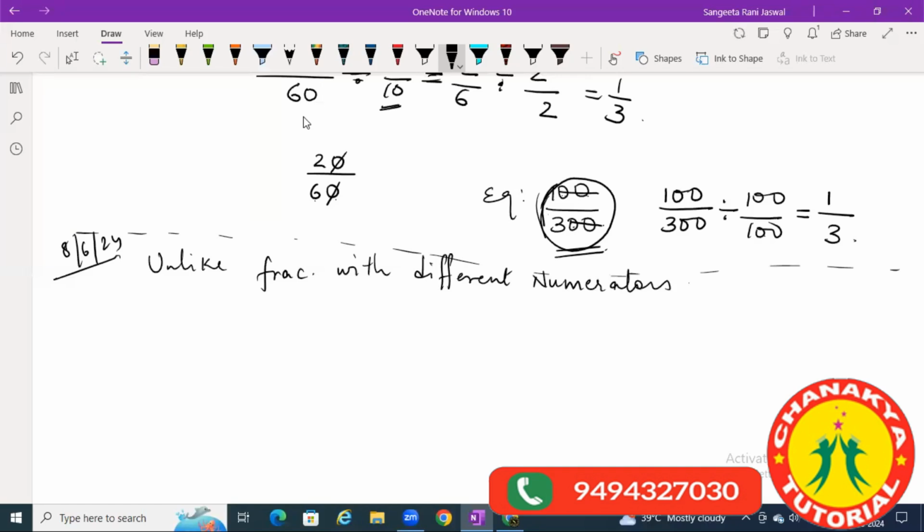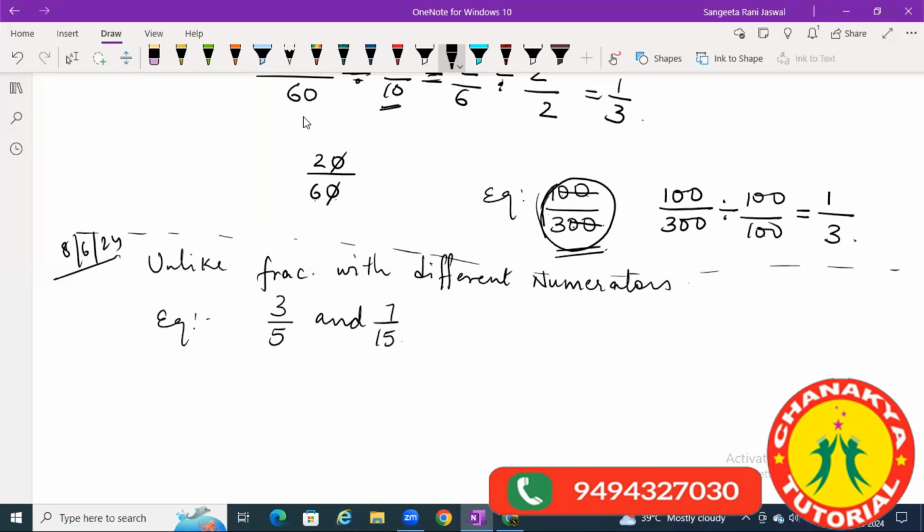Now suppose, for example, I'm taking an example here. We have a fraction 3 by 5 and 7 by 15. Now these both denominators are different, right? So the first thing that we want is to make them the same.